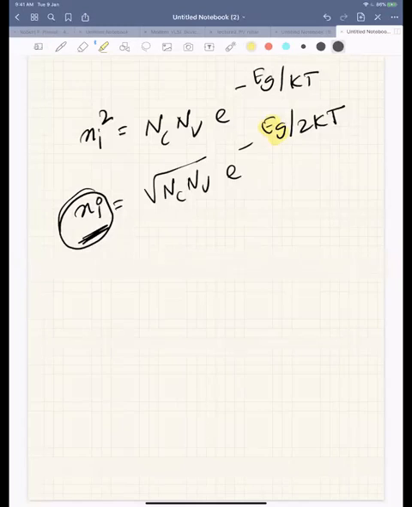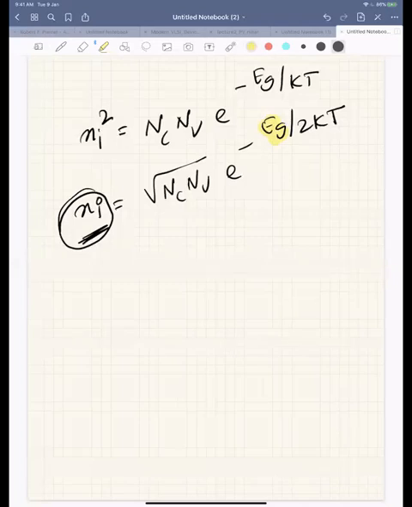So there is a possibility that you'll find more electrons in the conduction band at a certain point of time. That's the reason your Ni is a function of e to the minus Eg. As you reduce your band gap, your Ni will increase.